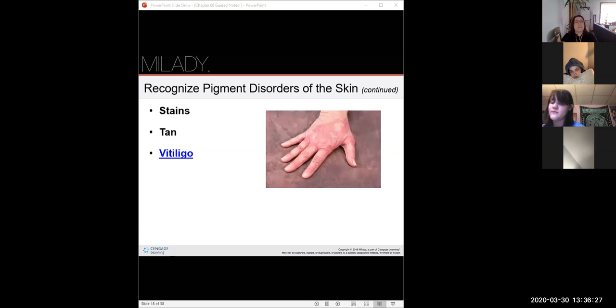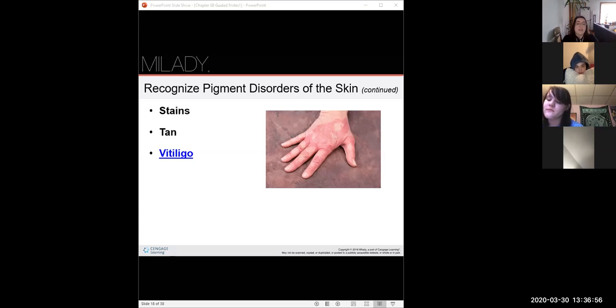You can get them with certain diseases too, but typically, I don't know of many diseases where one of the things is stains. But that's what it would look like on the skin, in that picture. I'm pointing to the one on my screen. I don't know if it's in the same spot on your screen. A tan, change in the pigment of the skin, deepens the color.